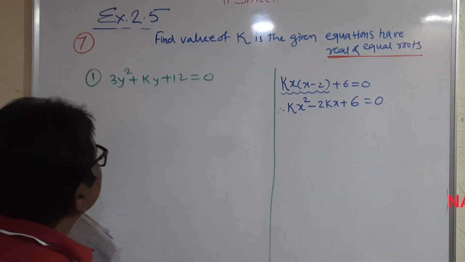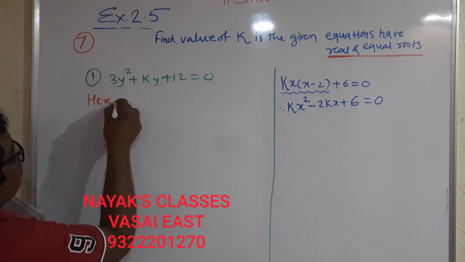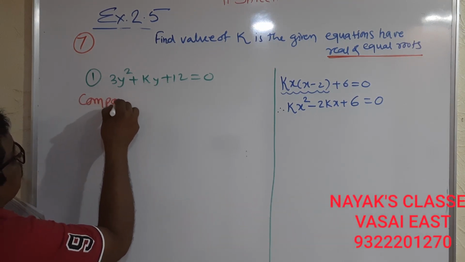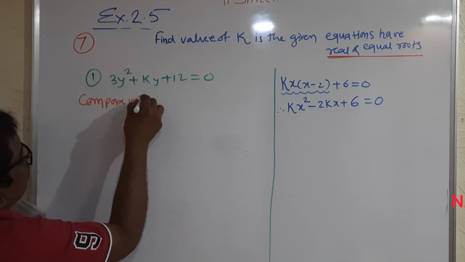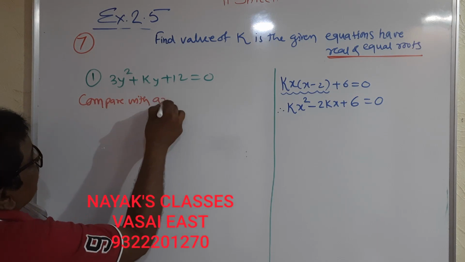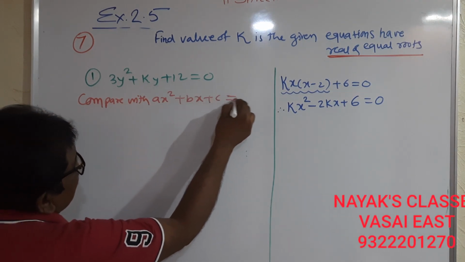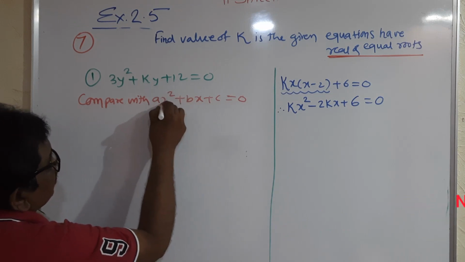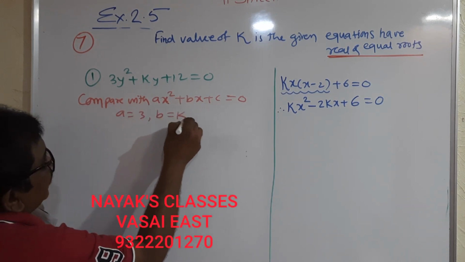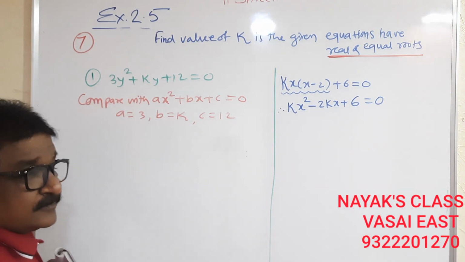So let us compare with ax square plus bx plus c is equal to 0. A is equal to 3, b is equal to k, and c is equal to 12.